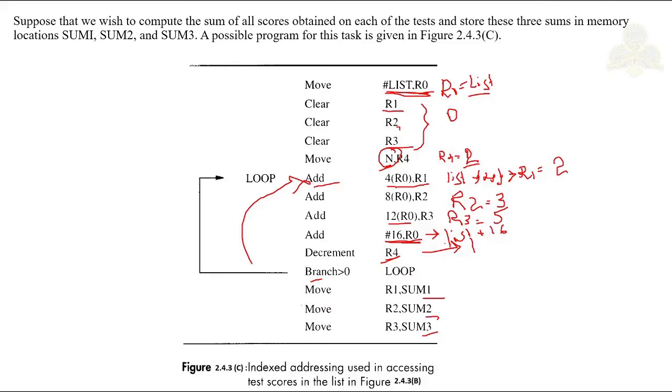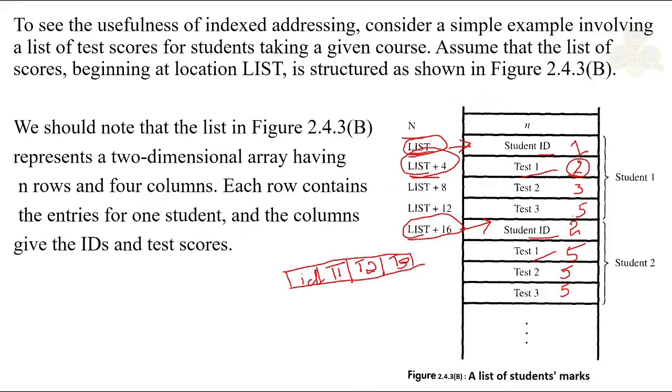Then what you have to do? You have to add 4 and then add to the content of R1. So 4 of R0, list plus 16, then you add 4, that becomes list plus 20, right? 16 plus 4 is 20. Right now you are here.